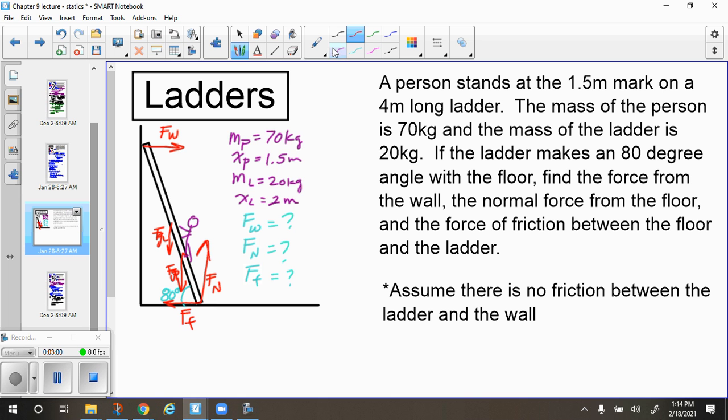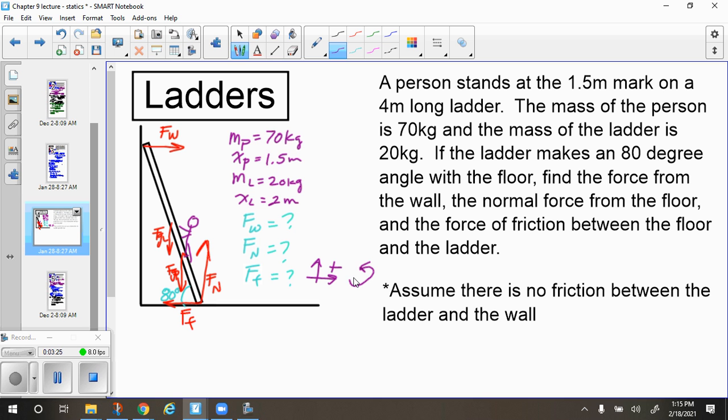And then the next step is to write our net force equation for the x, net force equation for the y, and net force equation for the torque. We do need to set our positive directions. So I'm going to say that up and to the right is positive, and then I'm going to say that counterclockwise is positive.